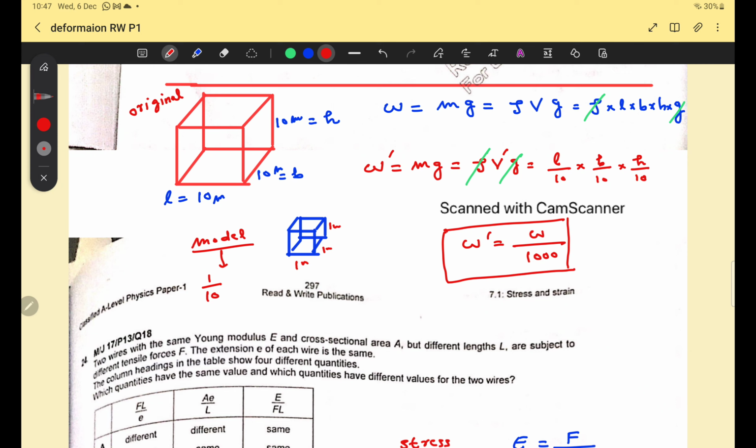If all dimensions are reduced by 1 upon 10, then the weight of the model will reduce by 1 upon 1000. हाँ बेटा, is it clear or not बेटा? Okay बेटा, okay.